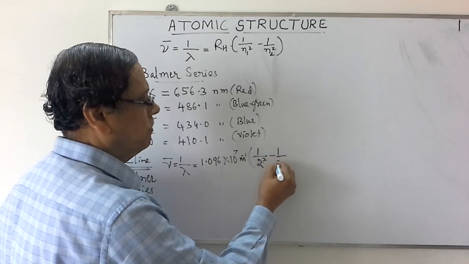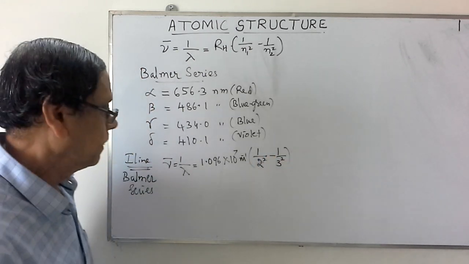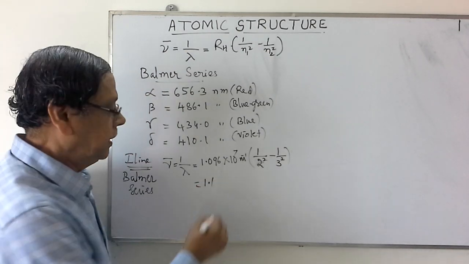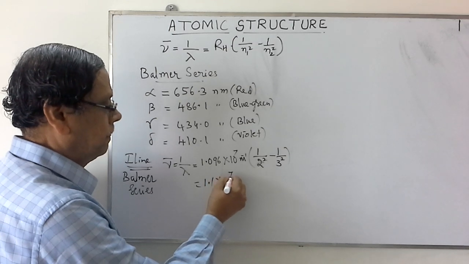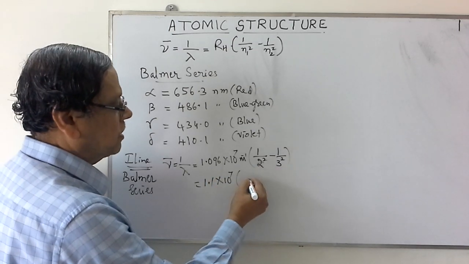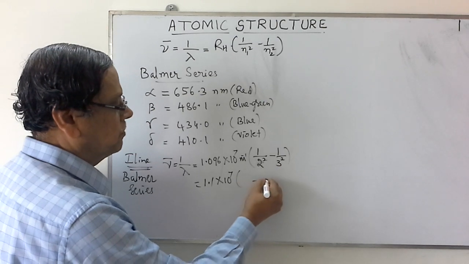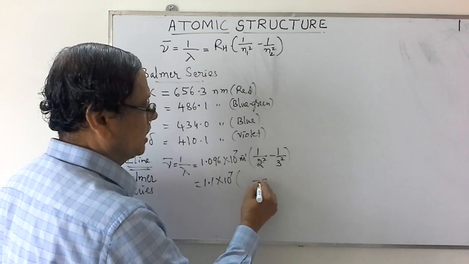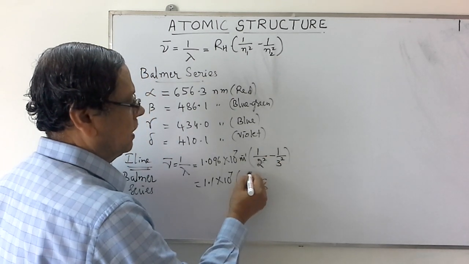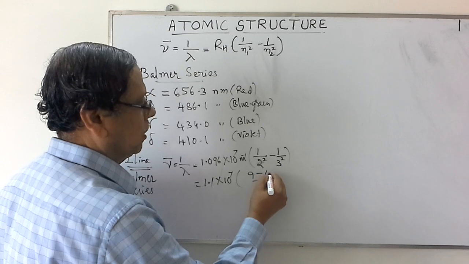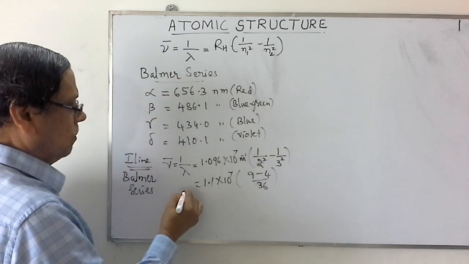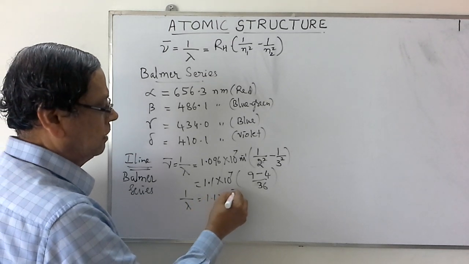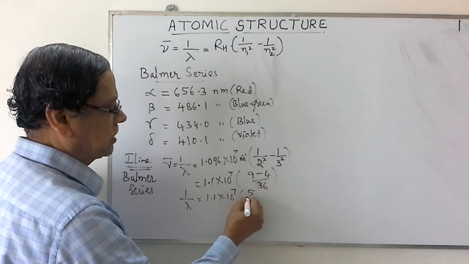Therefore it is 1 by 3 square. I will take this approximately as 1.1 into 10 to the power 7 into this. The LCM of 4 and 9 comes out to be 36. So here it is 9 minus 4. So 1 by lambda is equal to 1.1 into 10 power 7 and this will be 5 by 36.